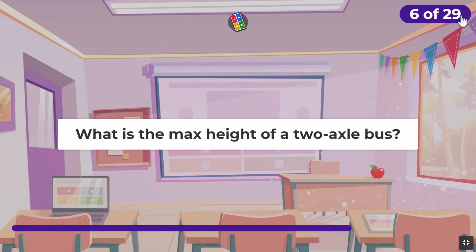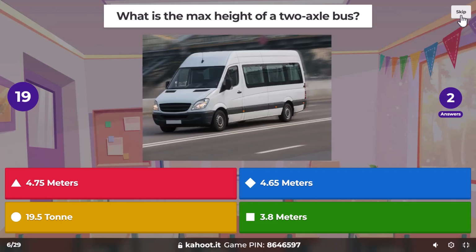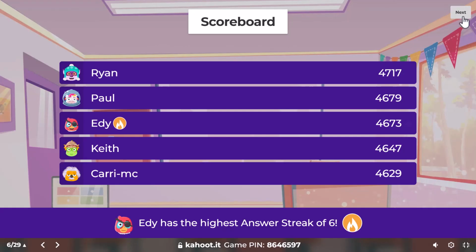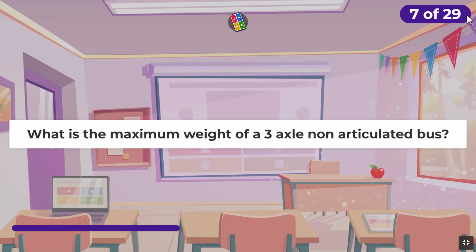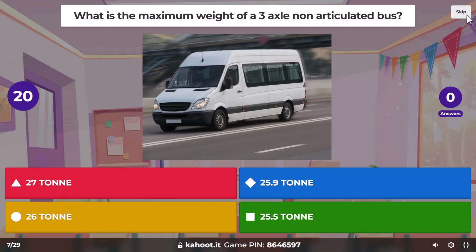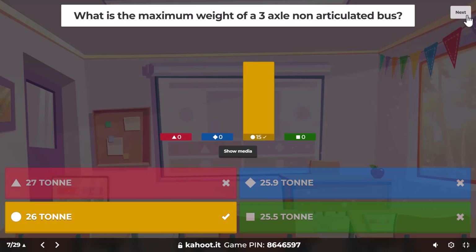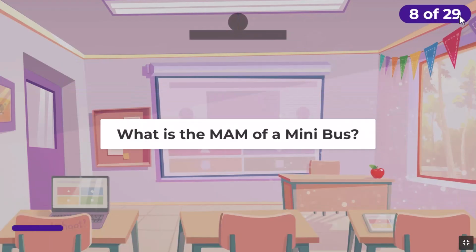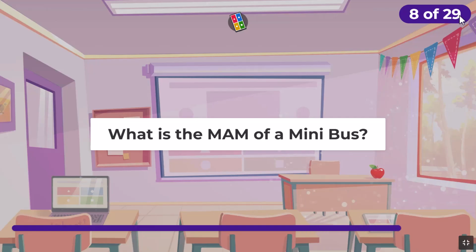What is the maximum height of a 2-axle bus? So basically that question is just what's the maximum height of a bus, isn't it? What does MAM stand for?